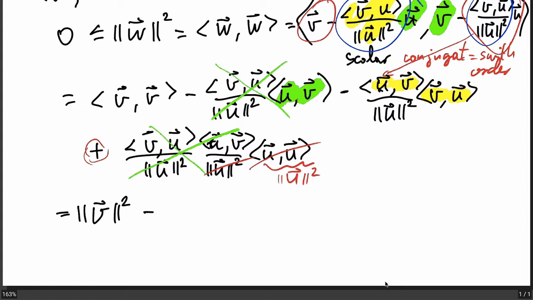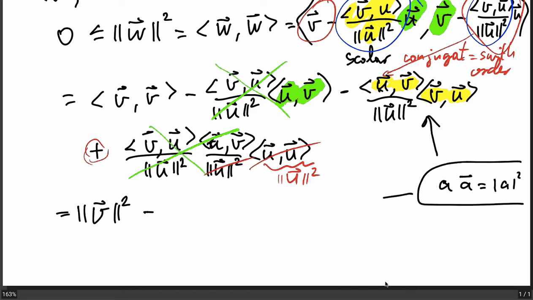When we have these in opposite order, that's the complex conjugate, but if you have two numbers like a and its complex conjugate multiplied together, this is actually the square of the magnitude. So we can use this property here and obtain that this is the square of the magnitude of the U inner product V, divided by the U norm square.